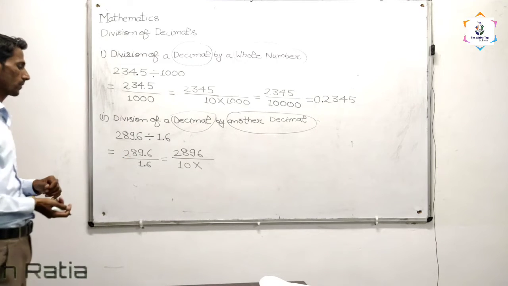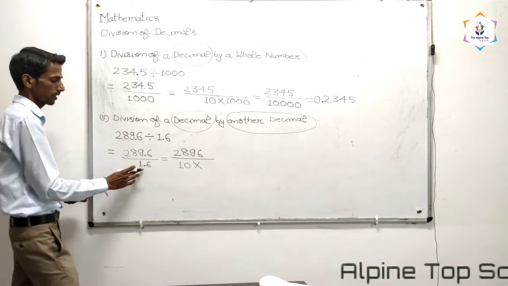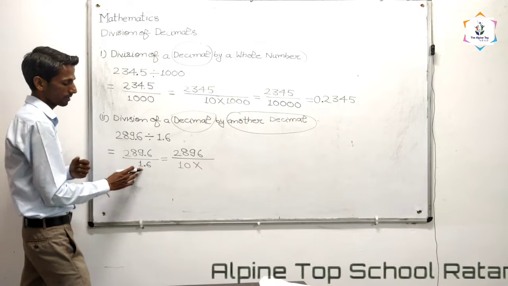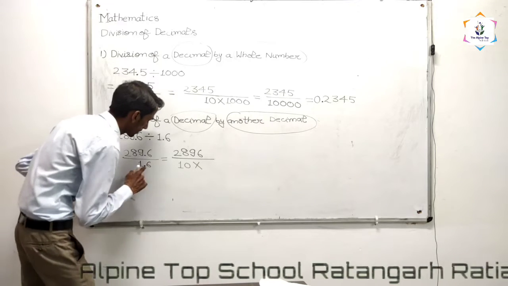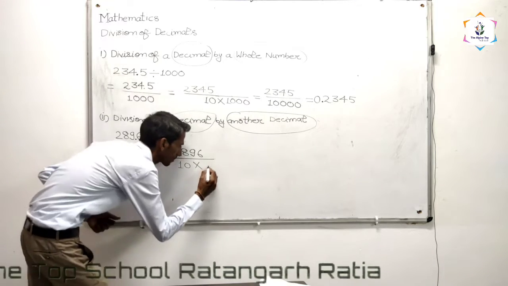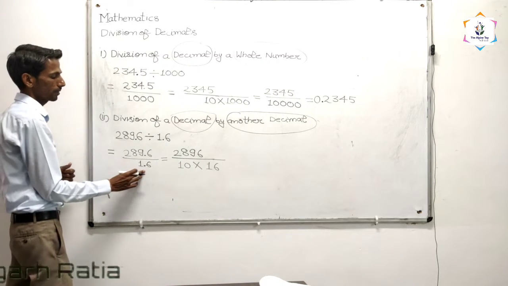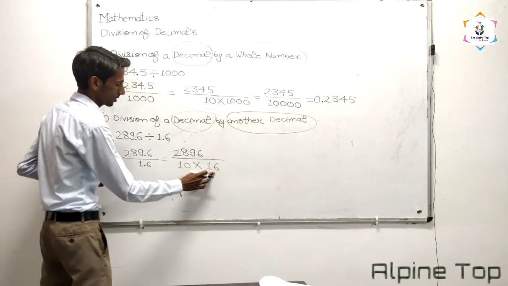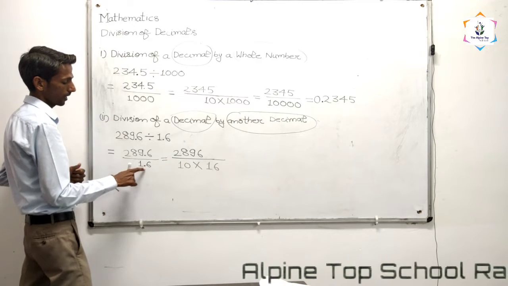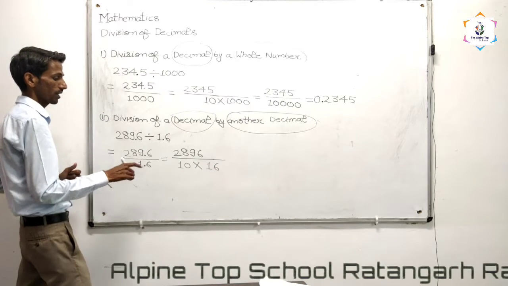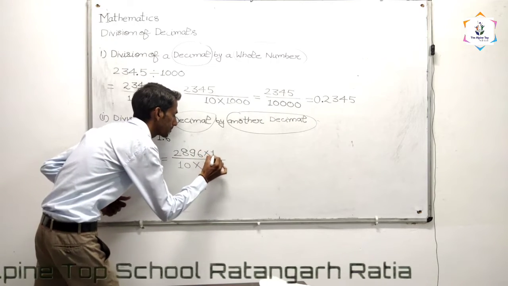We have to convert it into decimal fraction form. Obviously this number is located downward. It means whenever you want to convert a decimal number into a decimal fraction, we have to write 10, but this 10 we have to write upside.